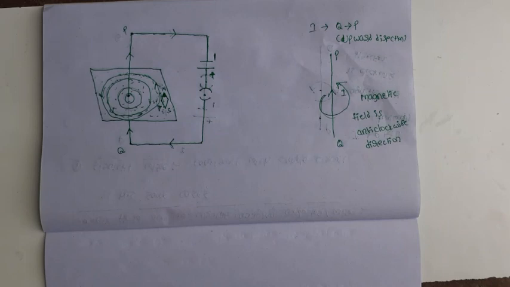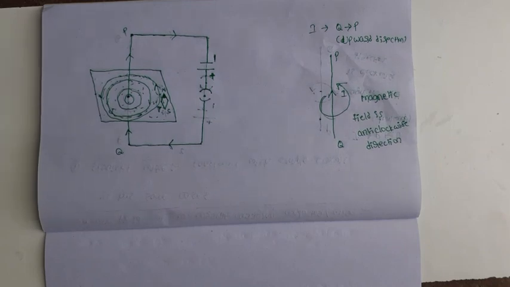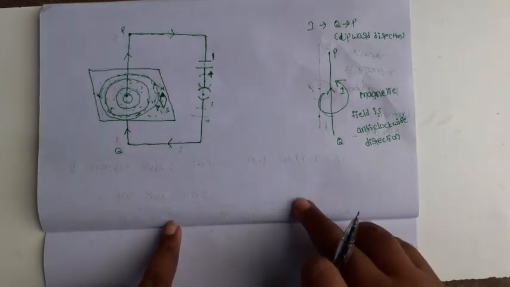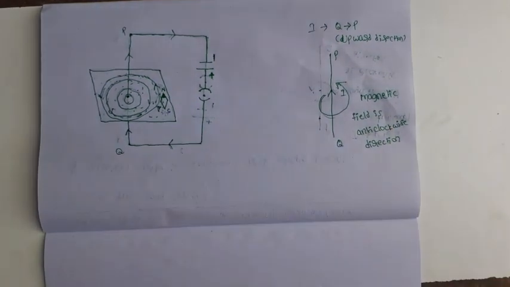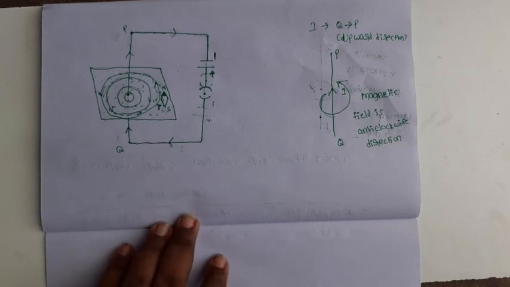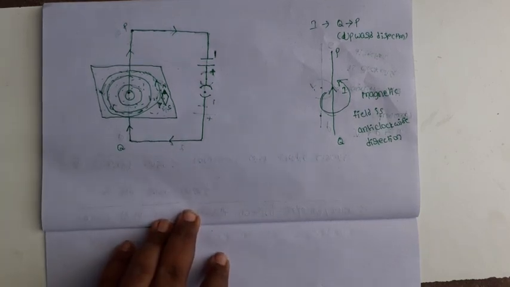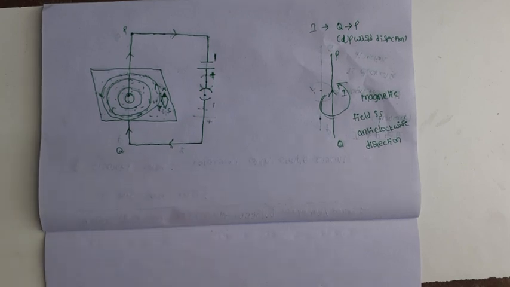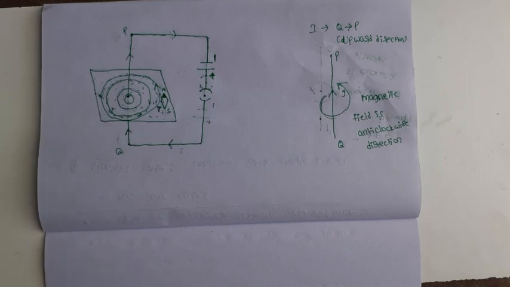When current moves in a straight wire in the upward direction, the magnetic field is anti-clockwise. Suppose current I flows in a conductor in the downward direction, what about the magnetic field? The magnetic field is in the clockwise direction. This is the experiment. So how do you find the magnetic field? With the help of the compass needle.